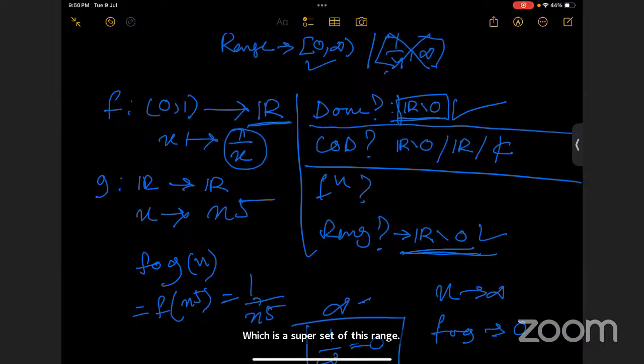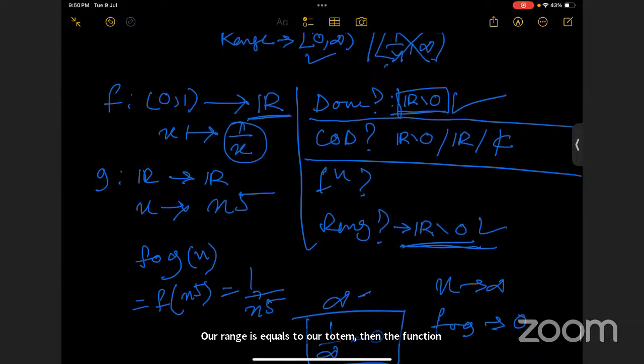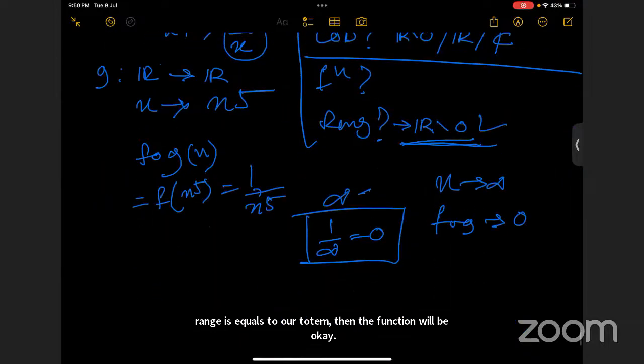If you once found your range, then any superset or the range itself can be the codomain. But we cannot consider any subset of the range as our codomain. Okay, ma'am. So if in a particular case our range equals our codomain, then the function will be onto.